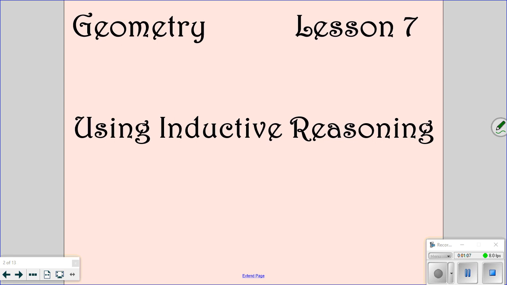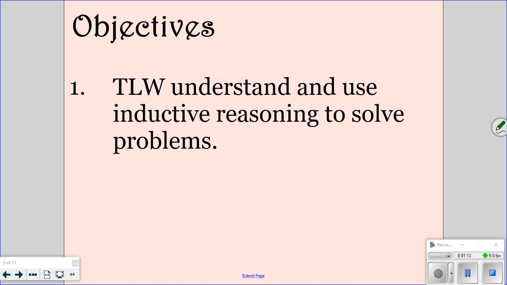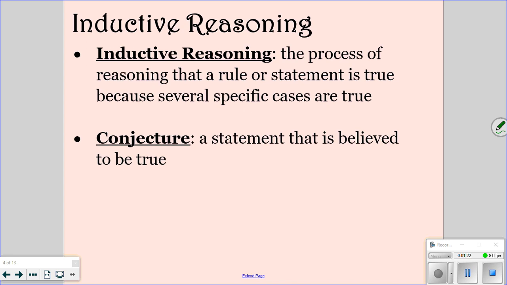Okay, for lesson 7, we're looking at using inductive reasoning. So hopefully after this lesson, you'll understand how to use inductive reasoning to solve your problems. Inductive reasoning is the process of reasoning that a rule or statement is true because several specific cases are true.